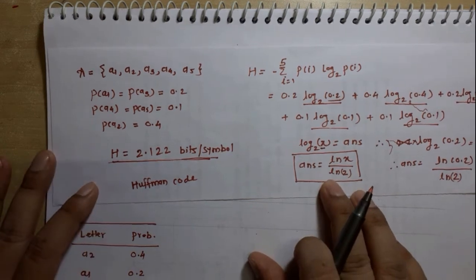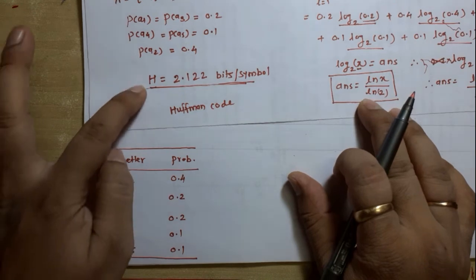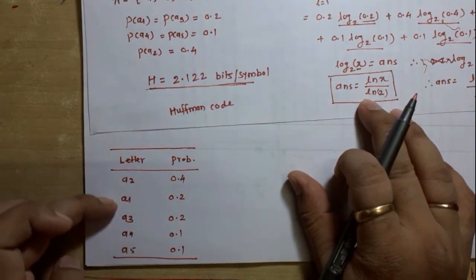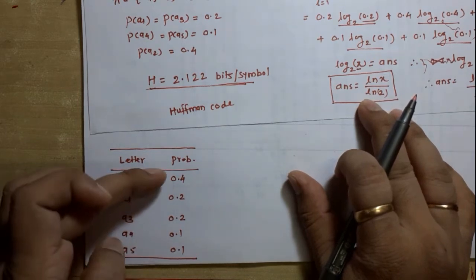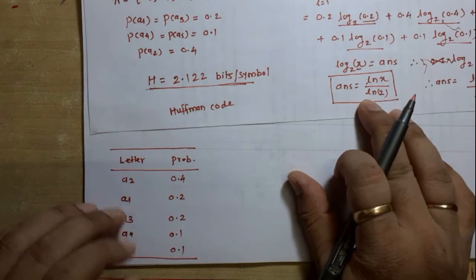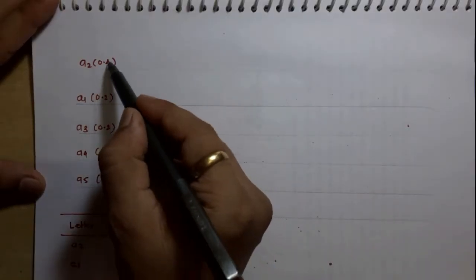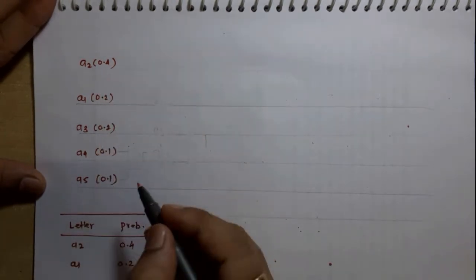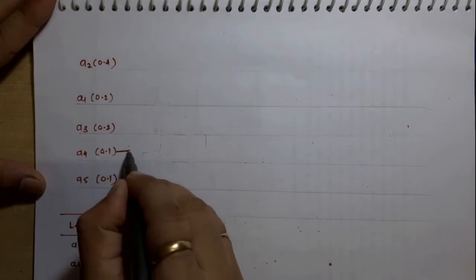Now we'll start solving the problem using Huffman coding. Once we have the entropy, we arrange all the probabilities in descending order and write them like this. Then we take the bottom two probabilities and add them.